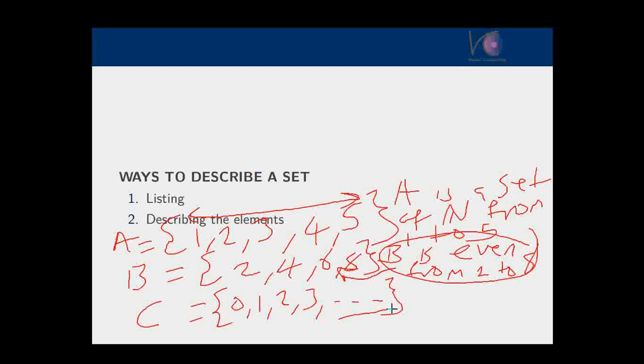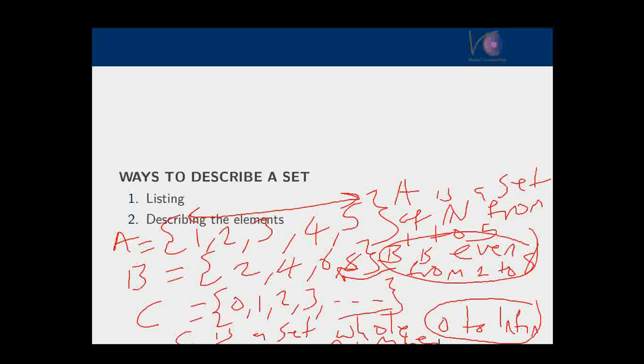So you say C is a set of whole numbers from 0 to infinity. Even if I don't include this range 0 to infinity, if I just say C is the set of whole numbers, we know that whole numbers are the numbers starting from 0 going up.